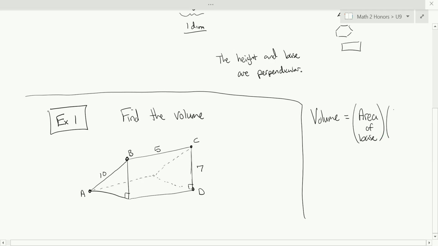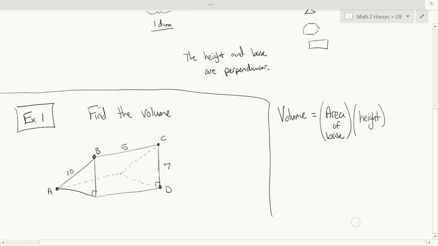Sorry, the area of the base times the height of the prism. Okay? So we're talking about prism base here and the prism height, okay? And then that gives you the volume of the prism.